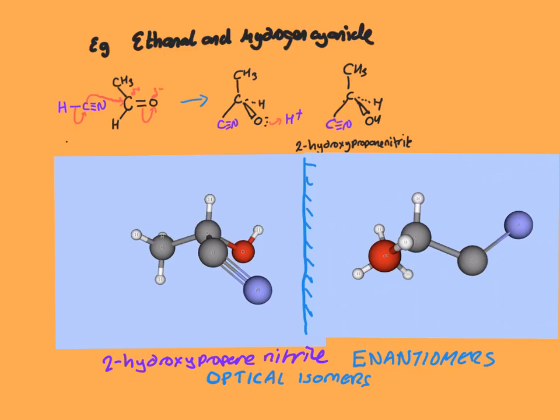So we call these molecules optical isomers, and we'll be looking at optical isomerism as a whole topic on its own later. This arises when you have 4 different groups around a carbon atom, and we'll be looking at this later in the topic on optical isomerism.